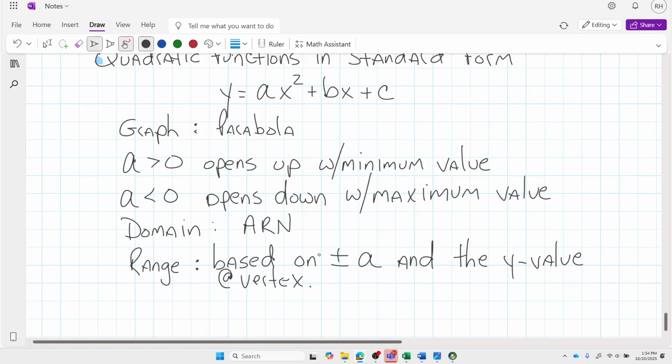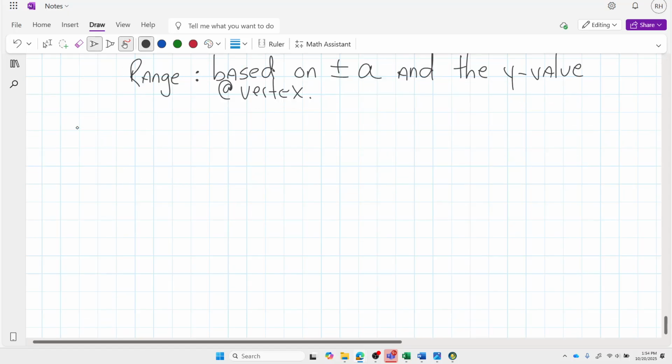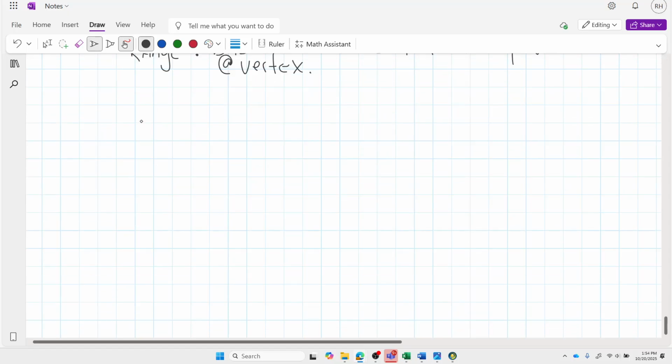It's based on a positive or negative a, right? Because if the a is positive, the graph goes up. Agreed? Remember last week, and this is something you don't have to write down. If the graph goes up, didn't it have a minimum value?